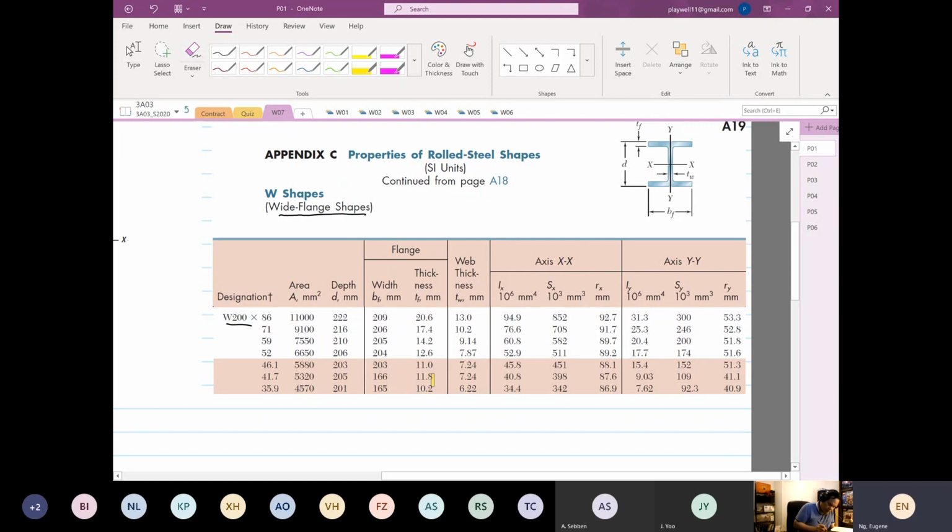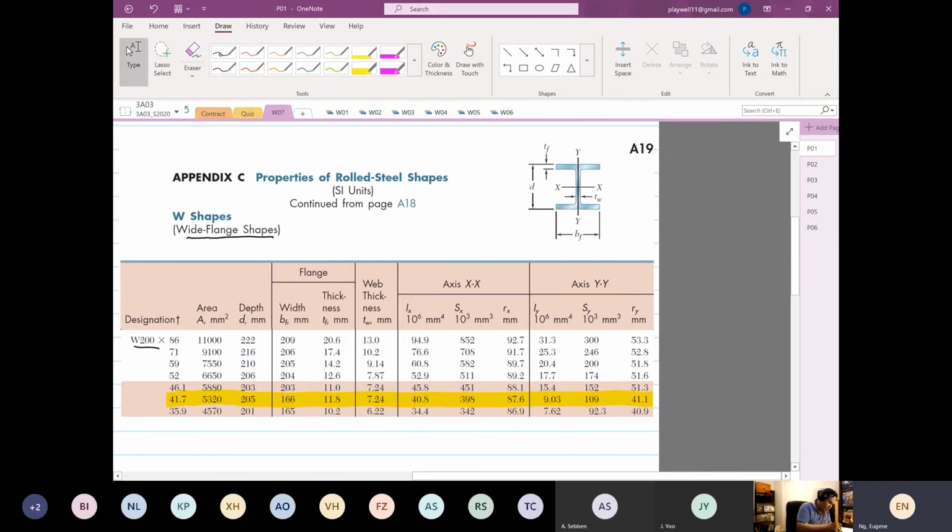When you look at this data, it will tell you the cross-sectional area and the depth. By now, all of us should know what a flange and what a web is, in case some of you forgot.